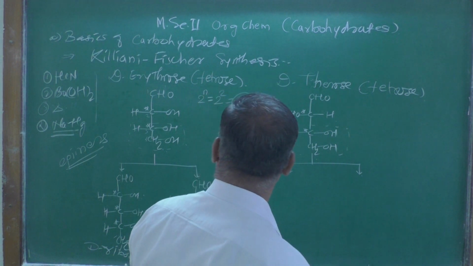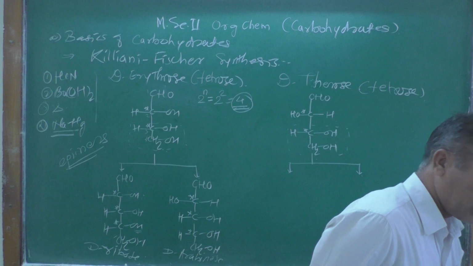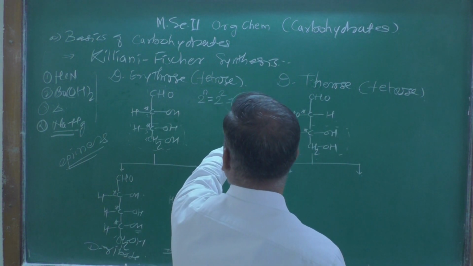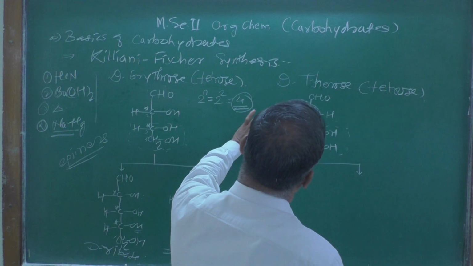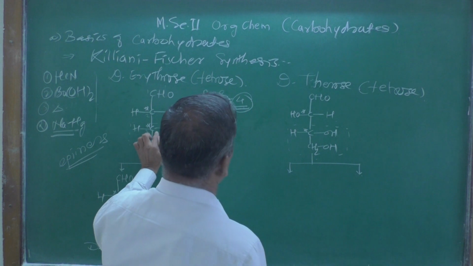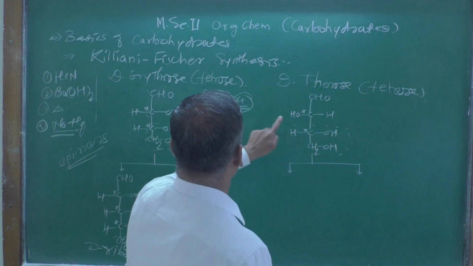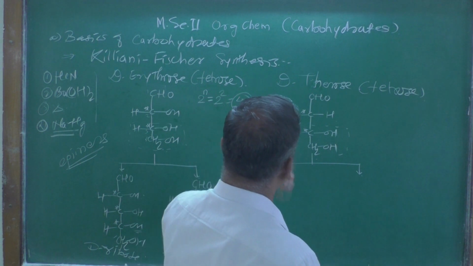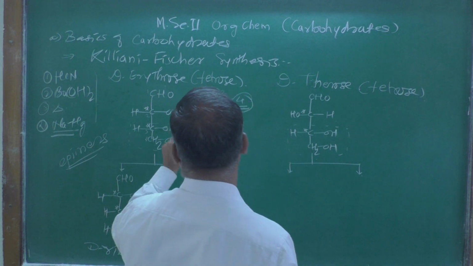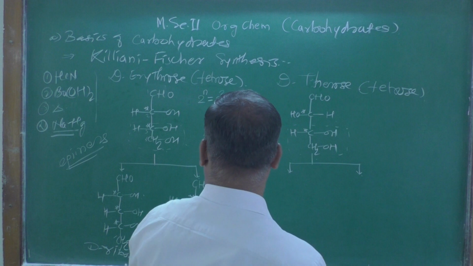Enantiomer means everything is the same, but their optical rotations are different. Or erythrose and threose you can call epimers, because if you look here and here, the configuration is the same, but at this chiral center it will show a different absolute configuration, and therefore erythrose and threose are also known as epimers of each other.